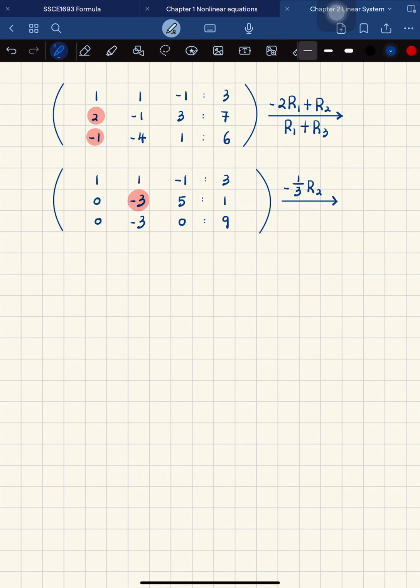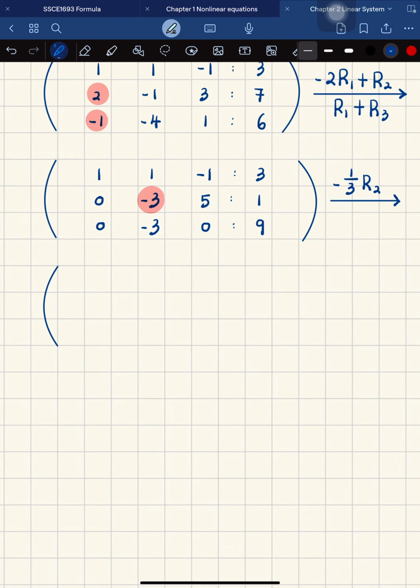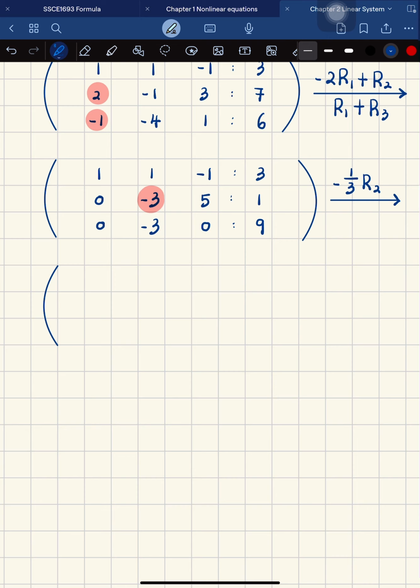Okay, so row number 1 and 3 we have to write it back. 9. Okay, so by using the formula: 0, 1, negative 5 over 3, negative 1 over 3.